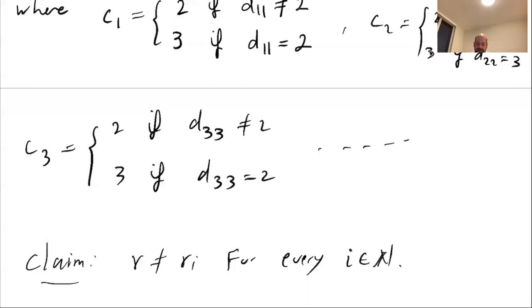So we define C1 in a way that no matter what the first number after decimal for R1 is, the first number after decimal for R is different than the first number after decimal for R1. Therefore, R will not be equal to R1 because their first numbers after decimal are not equal.